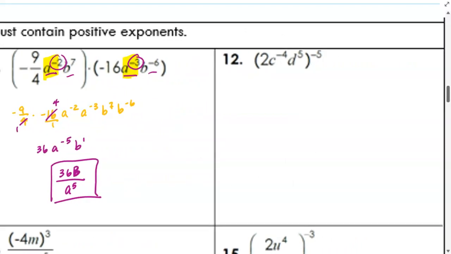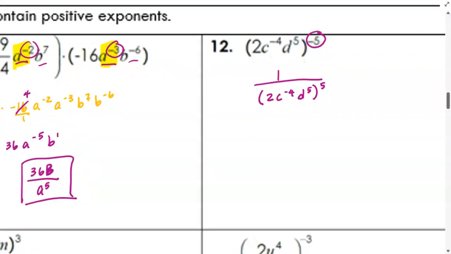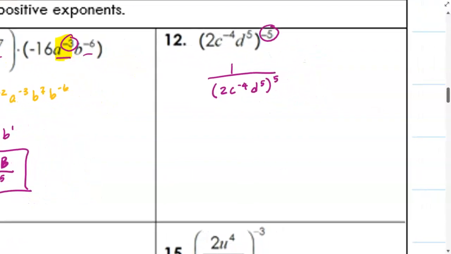Separate out the bases. Okay, so let's go ahead and apply, or I could take this negative and make it a positive exponent by putting everything in the denominator, the entire. And there's different ways to do this. There's not one way that's right, but you're going to eventually get the same answer. Okay, and then I'm going to apply the 5th.